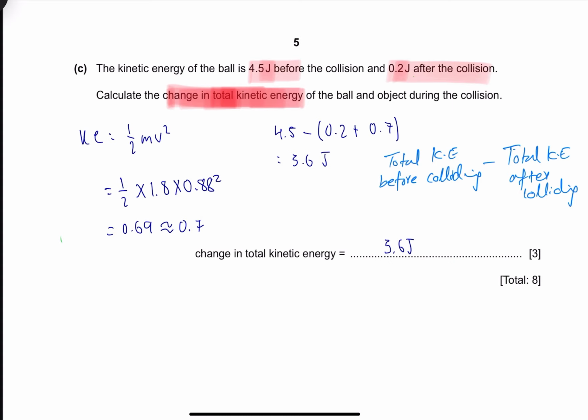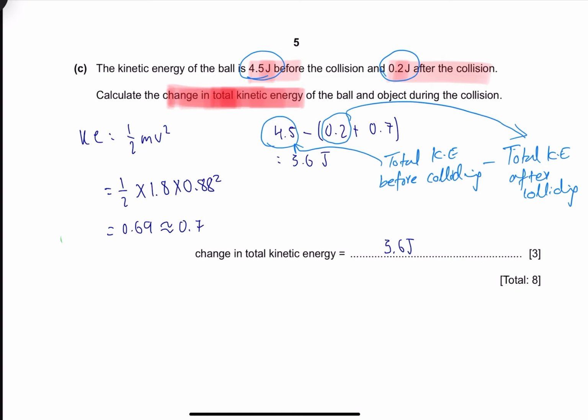Okay, before colliding, the first object had this energy, and the second object was at rest, so its kinetic energy will be 0. So this energy is the total energy before colliding. And after colliding, this is the kinetic energy of the first object that is given here.